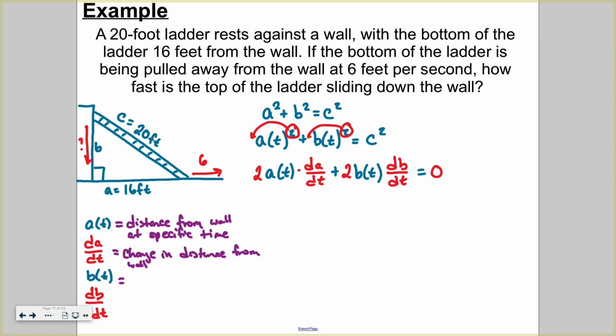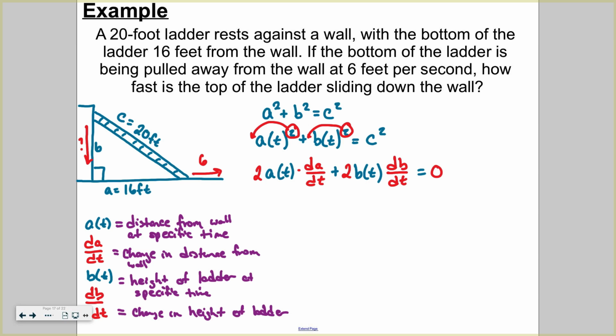B is the height of the ladder at a specific time, and dB over dt is the change in height of the ladder.